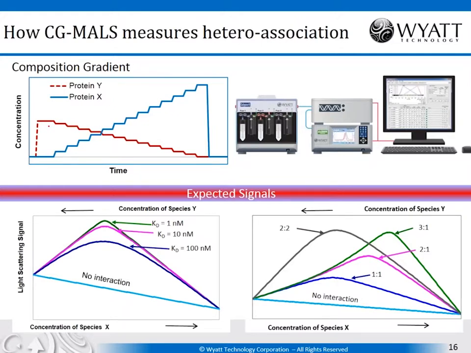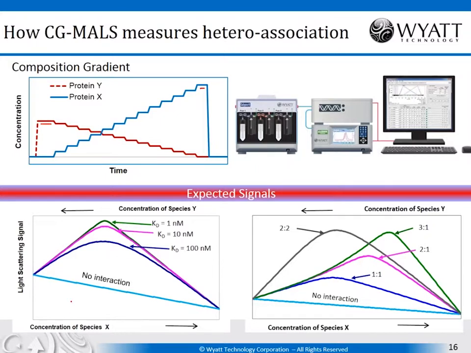Because of the opportunities for creating a larger range of stoichiometric ratios using the CALYPSO system, we can probe a different series of compositions which go from completely protein Y, where we measure with light scattering the molecular weight of protein Y, all the way to just protein X, where we measure its molecular weight, and then a series of mixtures where we look for the formation of complexes.